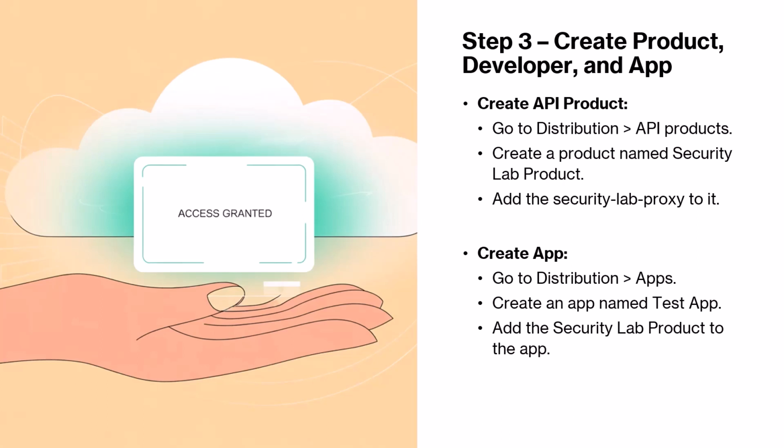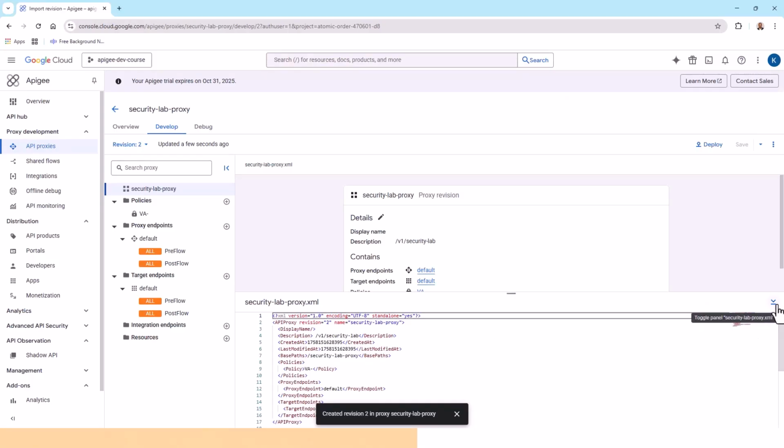So first I had to produce the product, and then add the proxy to the product, and then create an app, and then add this product to the app. Okay, and after creating the app, we'll get the consumer key, which we'll have to copy, that we are interested in. All right, so next let's flip over to our Google Cloud Console and do these steps.